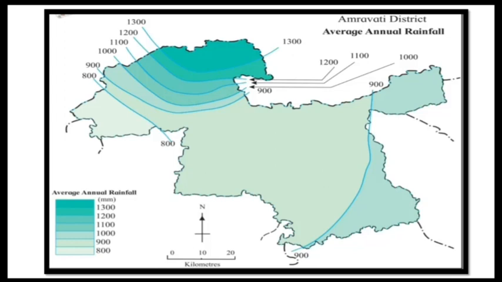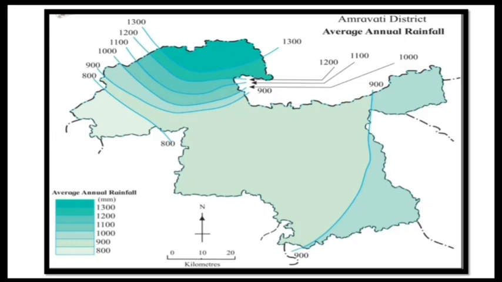Now let's look at the map on your screen. You can see the lines drawn and you can also see 800 millimeters of rainfall in the northern region of Amravati that is connected with the western region. All the places in this line have 800 millimeters of rainfall.